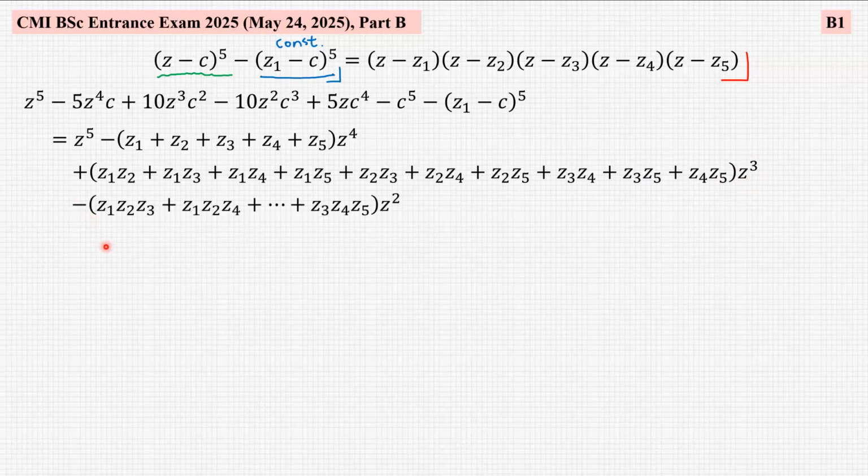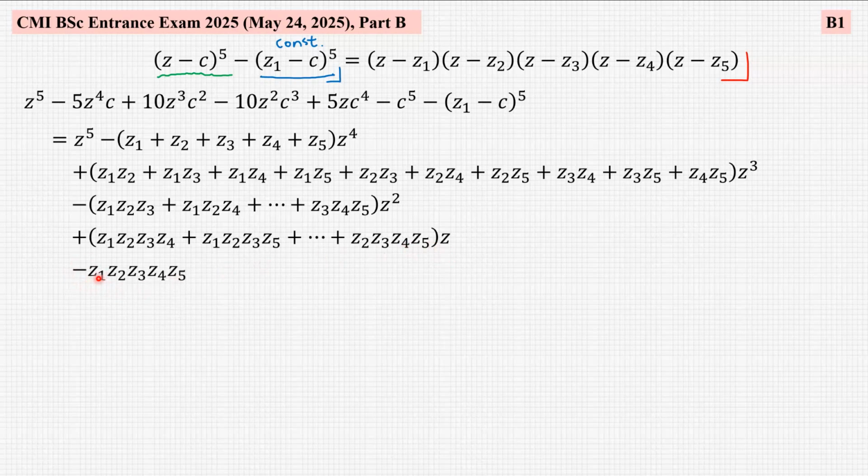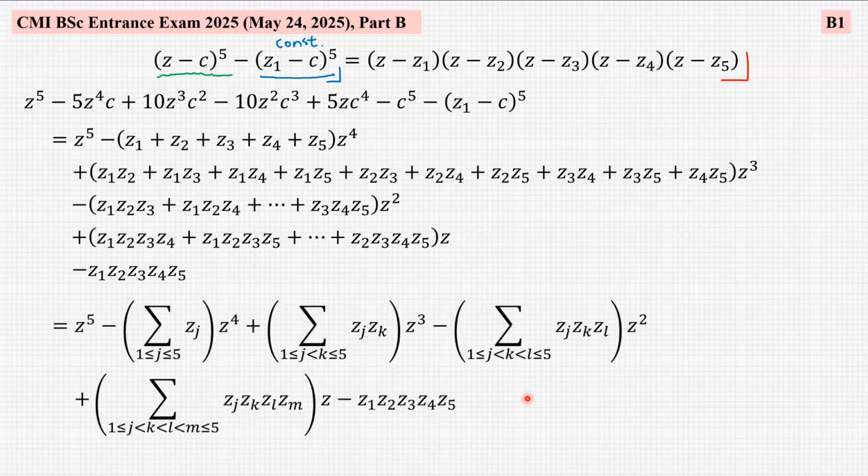Then minus the sum of all possible products of 3 roots times z squared, then plus the sum of the products of 4 roots times z, and then finally minus the product of all 5 roots. You can save space by writing in sigma notation. And this is the ultimate relation that we are going to use to solve this problem.